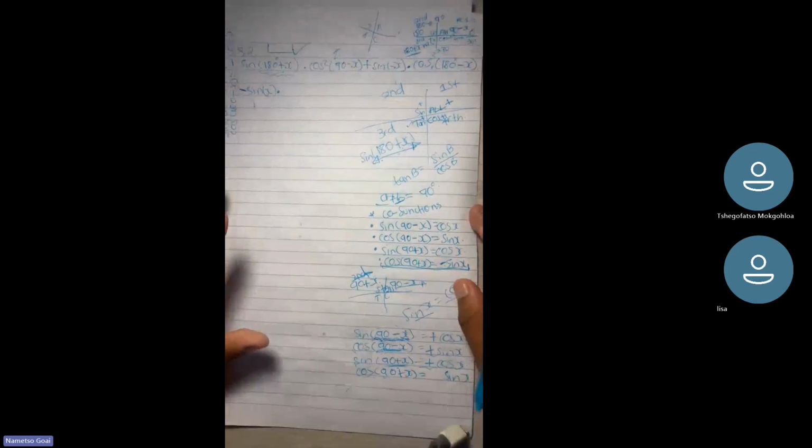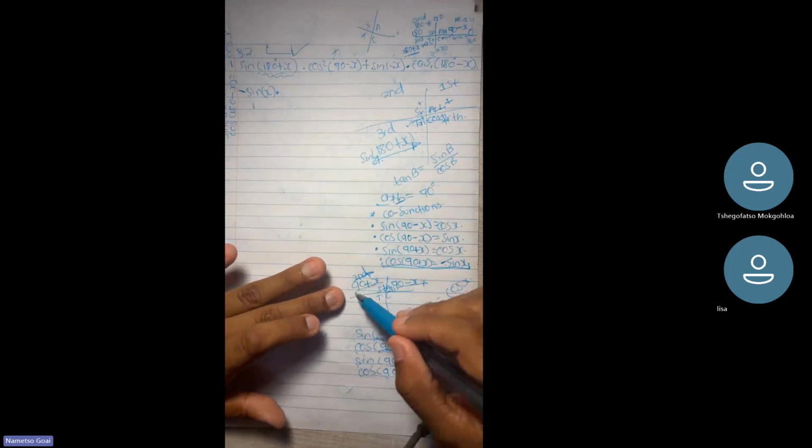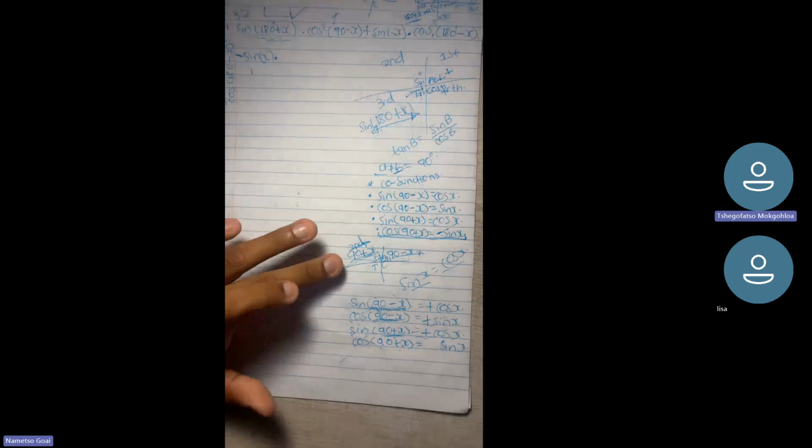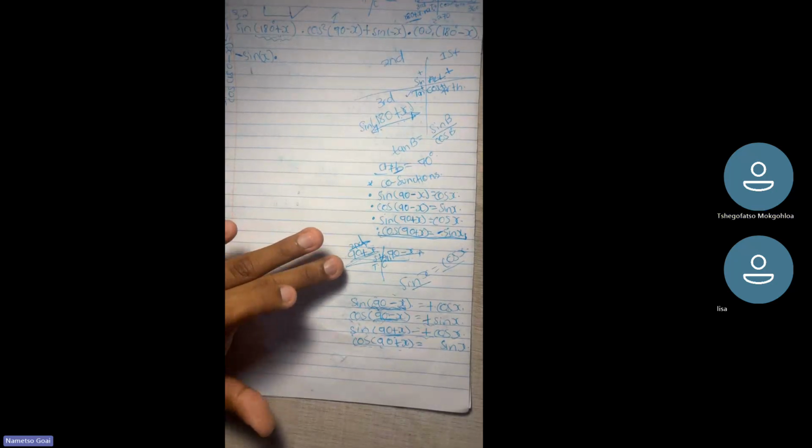In the second quadrant, sine is positive, meaning that cos of 90 plus x will be negative, because it's not positive here.